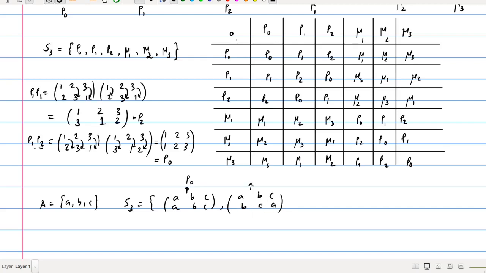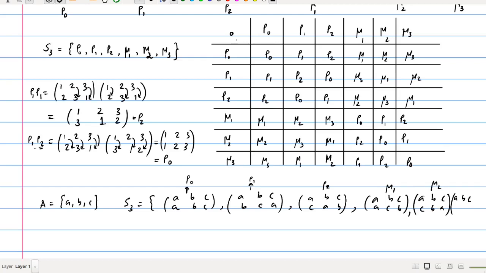Then this is denoted as rho 1, and A, B, C goes to C, A, B, and this is denoted as rho 2. A, B, C goes to A, C, B, this is our mu1, and A, B, C goes to C, B, A, and this is our mu2.